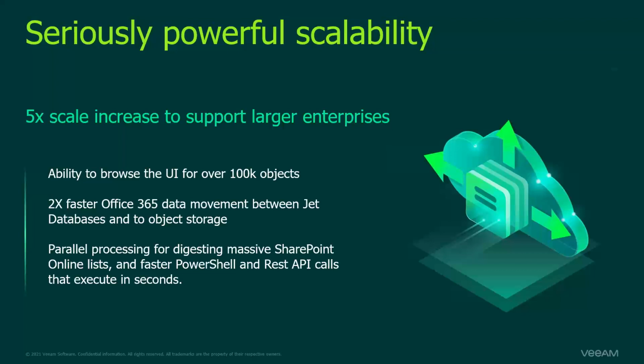It became around twice as fast when moving data between different types of repositories, from JET database to object storage, because we've heard your feedback and we were sure that we needed to tune it a bit. And if you've been using it before, it was not slow at all. But we're trying to be proactive and find these gaps and eliminate them even before you face them. So there's a lot of work in Veeam about how to make it faster in the right way.